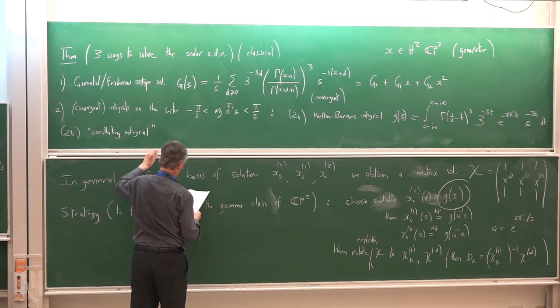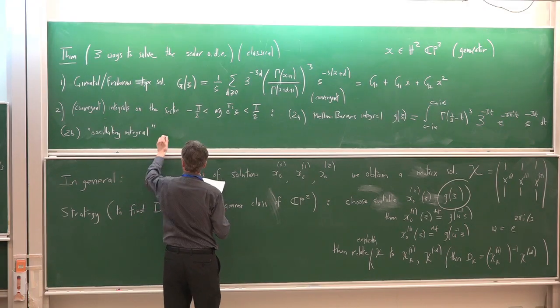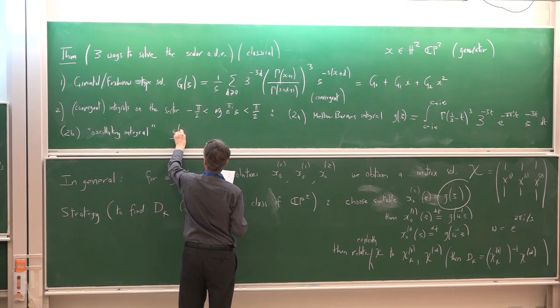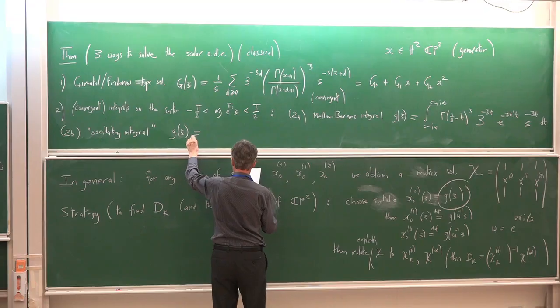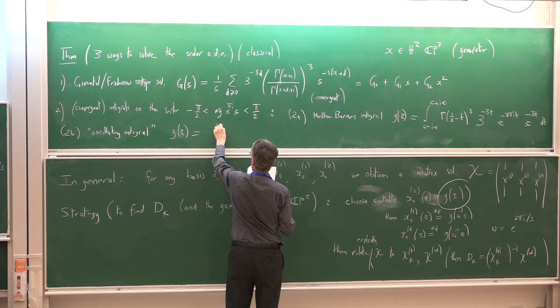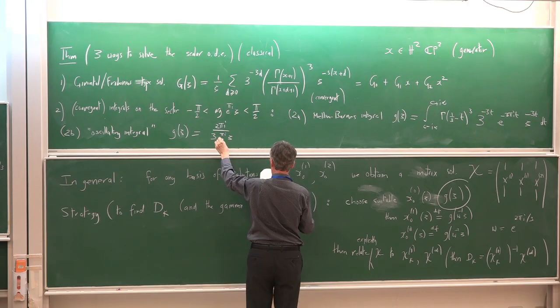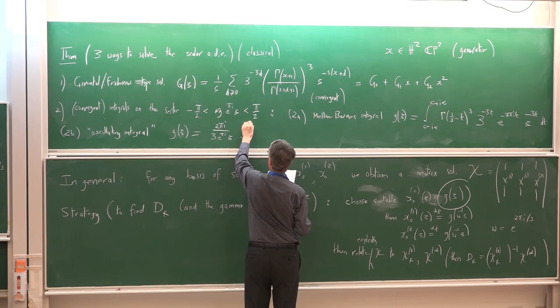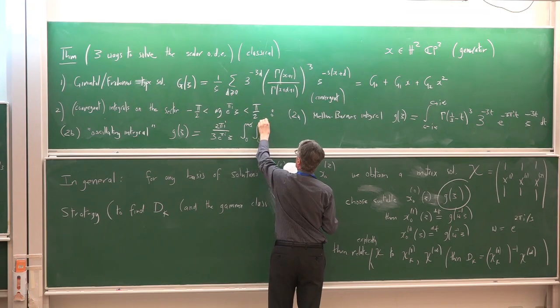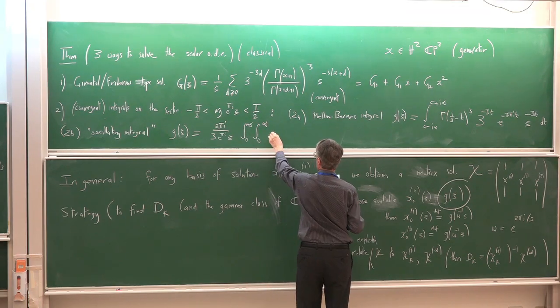Then we have the so-called oscillating integral, and I will write the formula, so 2 pi i divided by 3. Well, e to the pi i is minus 1 here, but I'll still write e to the pi i. And this is a double integral.